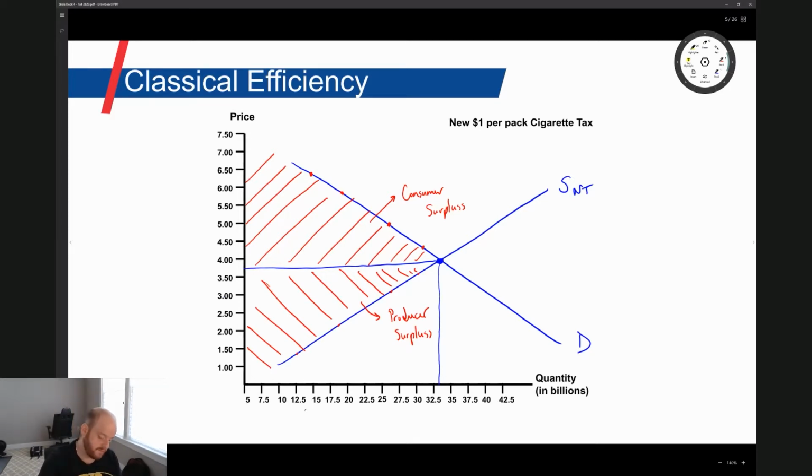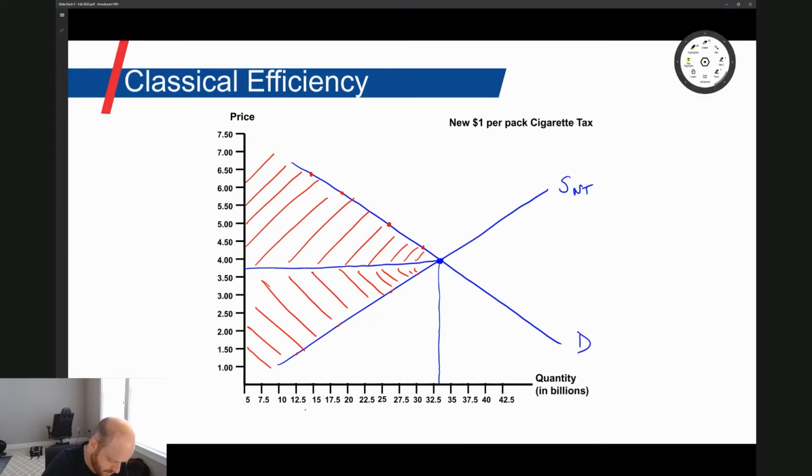Now, let's assume that there is a government authority running some sort of budget deficit, and they need to raise revenues by implementing an excise tax on cigarettes. An excise tax is a per unit tax on cigarettes. So it is going to shift our supply line as such.